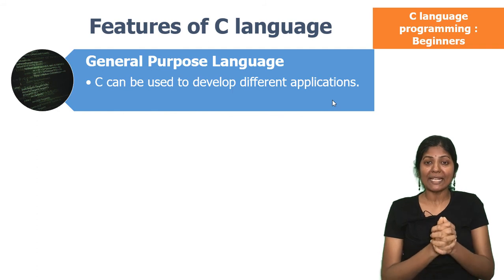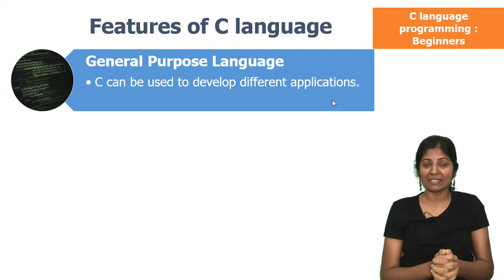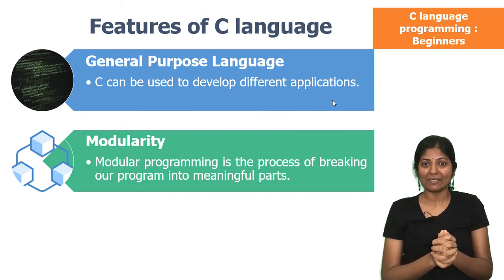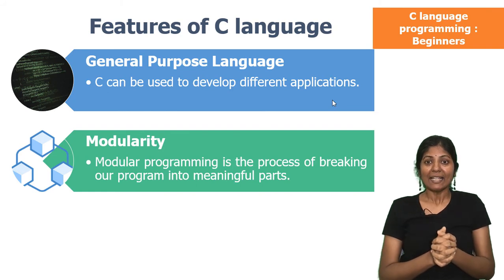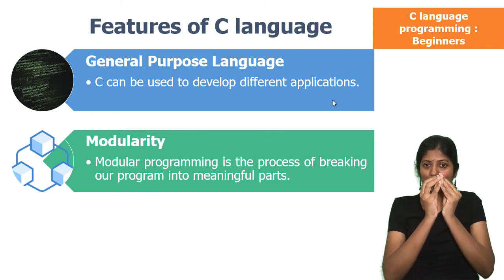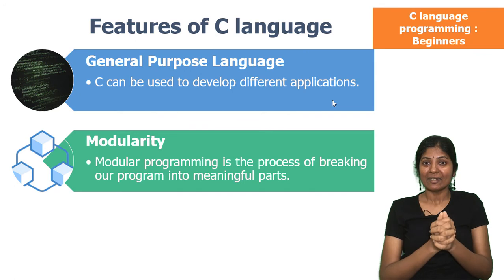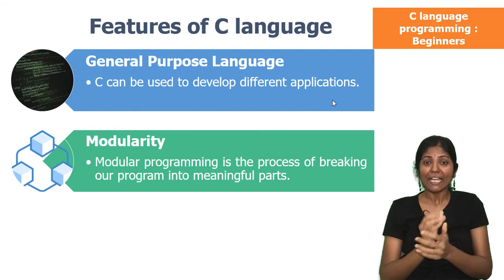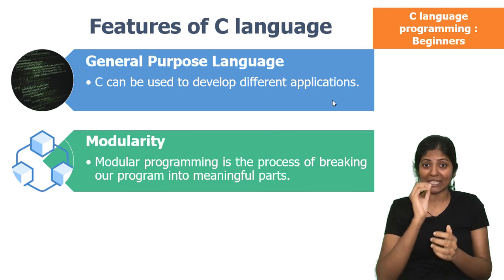Let's move on to the next feature of C language, which is modularity. It is very important concept of C. Let's say for example, we want to write a program to solve a big problem. Instead of solving the problem at one single point, we will divide that big problem into small meaningful partitions.